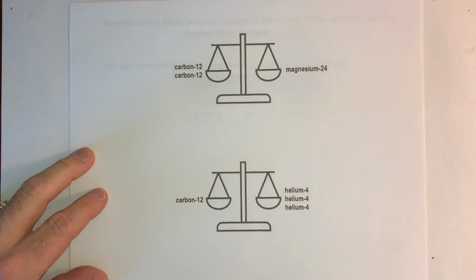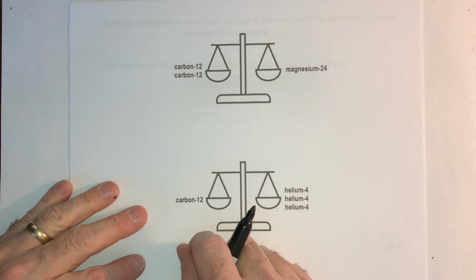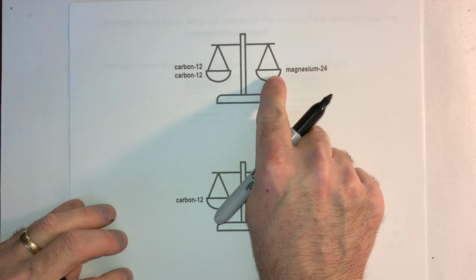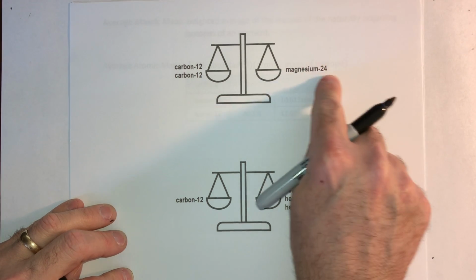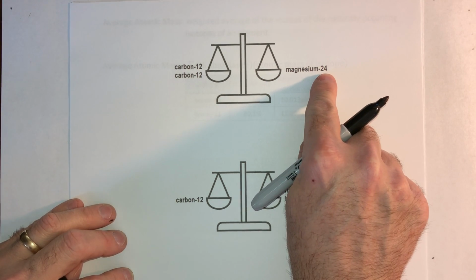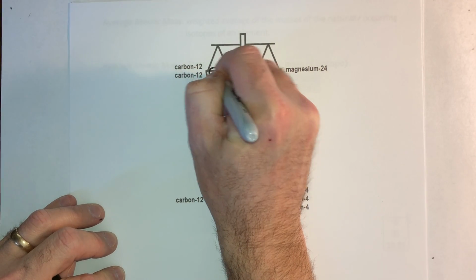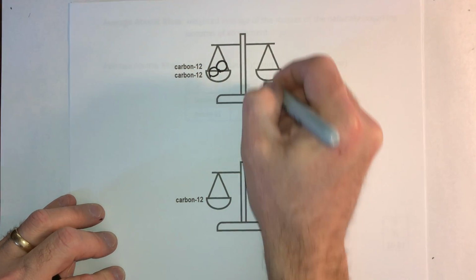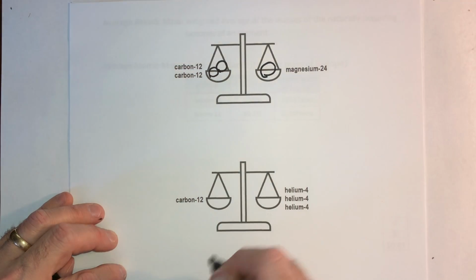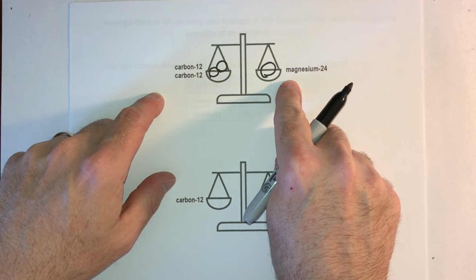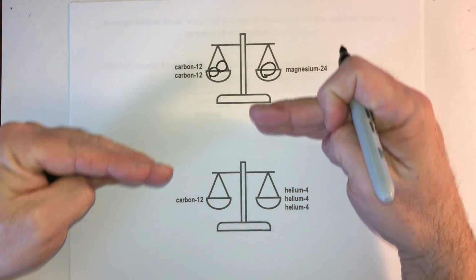Okay, so if we take a couple of examples, it turns out if you put carbon-12 versus magnesium-24, okay, the number of protons and neutrons in this magnesium would be 24. Turns out that you would need 2 carbon-12s to balance 1 magnesium. Okay, if you had 2 carbon-12s and 1 magnesium-24, they would balance out perfectly.